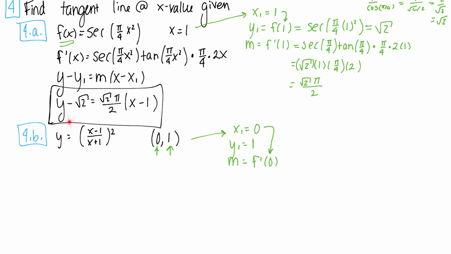For m, you do need to find the derivative and then plug the x value in. So we need to find the derivative of this. For y prime, chain rule, so the derivative of the outside. And then the derivative of the inside is going to require quotient rule.